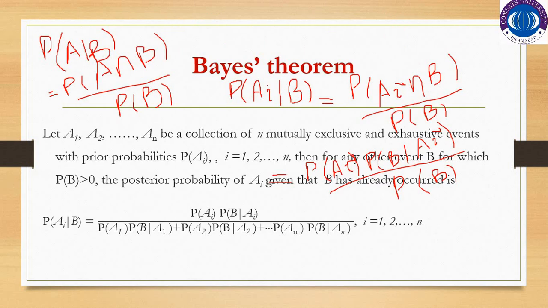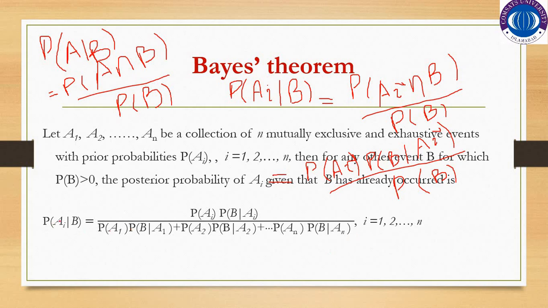Same is the case here. Probability of B can be found out by this summation probability of AI into probability of B given AI. As we can open the summation, this would be probability of A1 into probability of B given A1 plus probability of A2 into probability of B given A2 up to so on plus probability of AN into probability of B given AN. This is called the Bayes theorem.